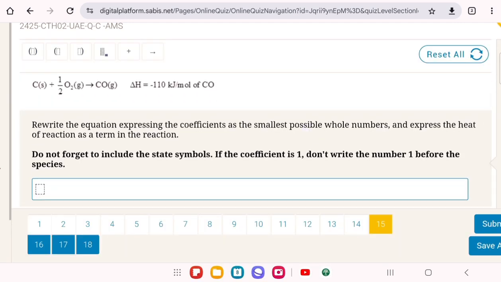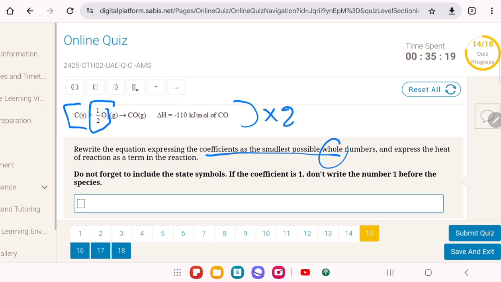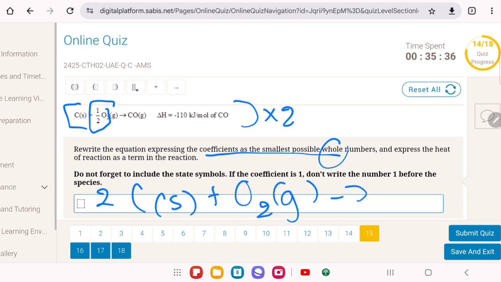Question number 15. They need us to rewrite the equation expressing the coefficients as the smallest whole numbers. So if this is 1 over 2 O2, to make it 1, we multiply it by 2. So now our equation is 2C solid plus O2 gas gives us 2CO gas.